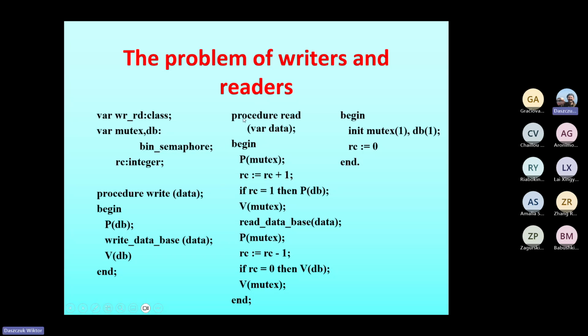Let's look at how the reader operates. It closes the critical section of RC, increments RC. If it is a change from 0 to 1, from no reader to one reader, we take the critical section.